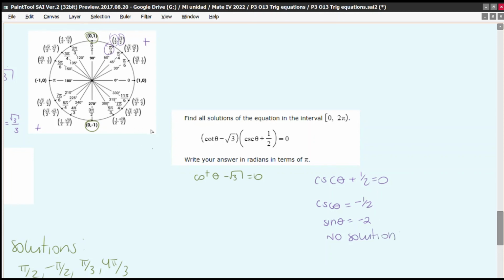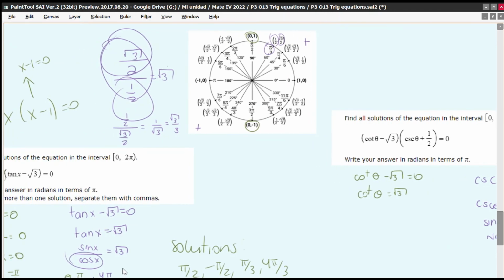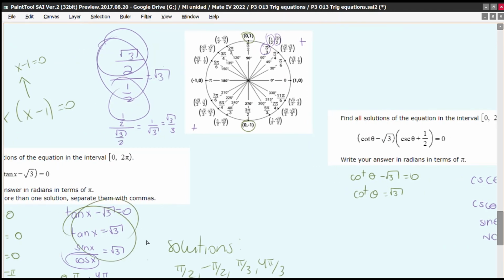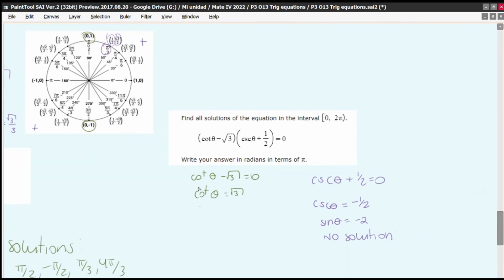Then I have cotangent. Let's go into this factor. Cotangent of theta is the square root of 3. And again, it looks a lot like this one. Okay? So let's work that logic again. Cotangent is cosine of theta over sine of theta. And this is the square root of 3.